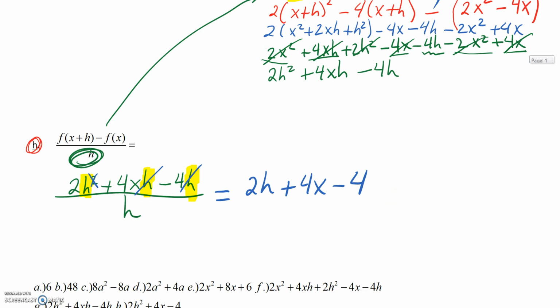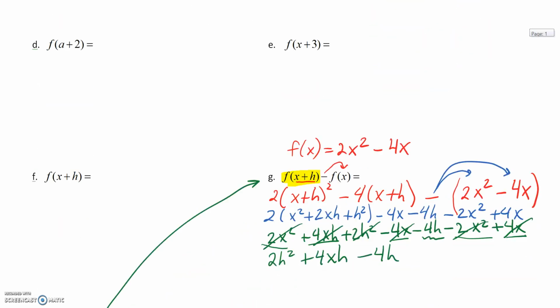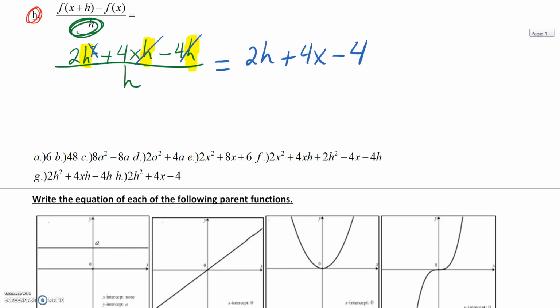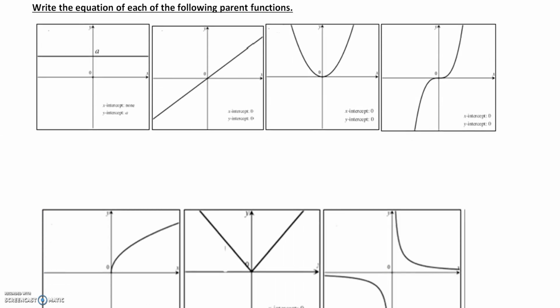So go ahead and complete the top if you feel like that's necessary for some practice, and you can check your solutions. Now moving down to the bottom, we're talking about parent functions and how to identify them from the graph. The first example is a constant function, where no matter what x value you pick, the y value is always going to be the same.